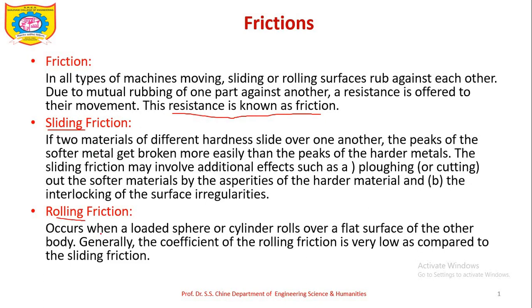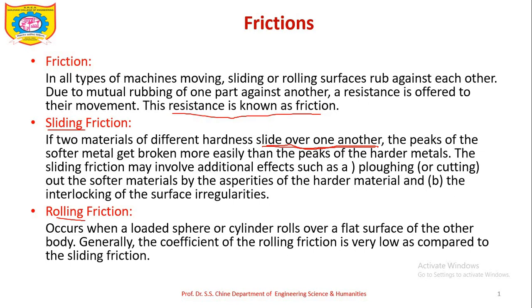So sliding and rolling, what is the difference? In sliding friction, two materials of different hardness slide over one another, and the peaks of the softer material will get broken more easily than the peaks of the harder material. That is known as sliding friction.